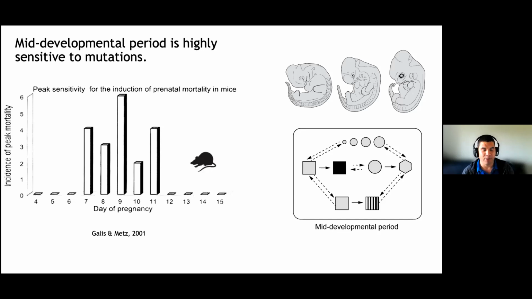And so this is actually one of the few studies that has produced experimental evidence of that sensitivity and why that period is so highly evolutionarily conserved, again, because of a high level of interactions, tissue-tissue interactions, and genetic correlations.